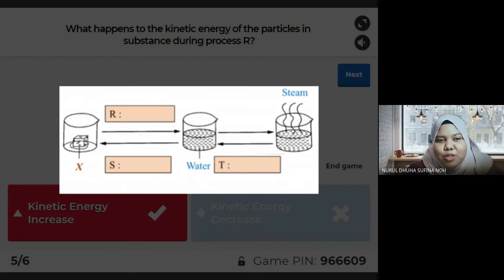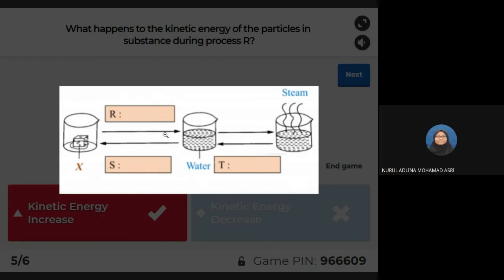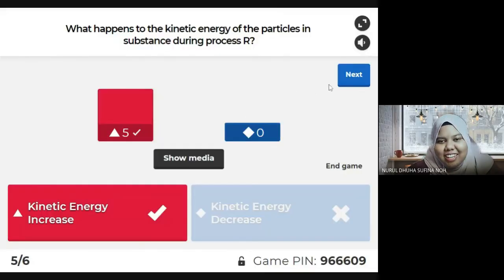Okay, why did you answer that the kinetic energy increases during process R? Because R is a melting process where solid turns to liquid. So the kinetic energy increases because the particles will have more space to move. Okay, correct.